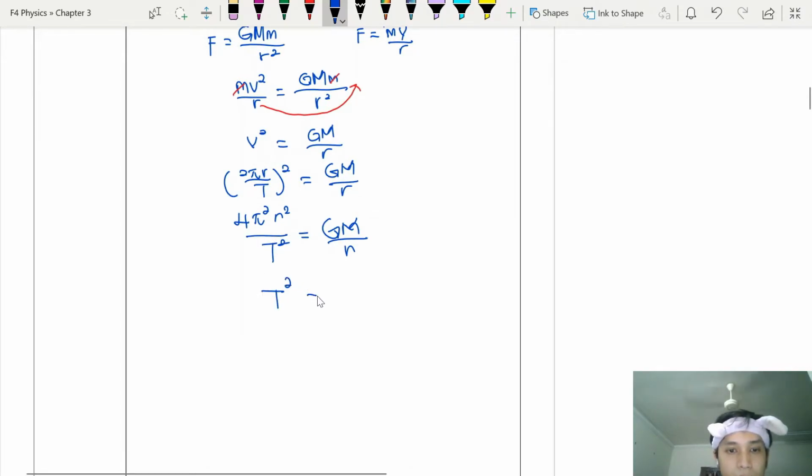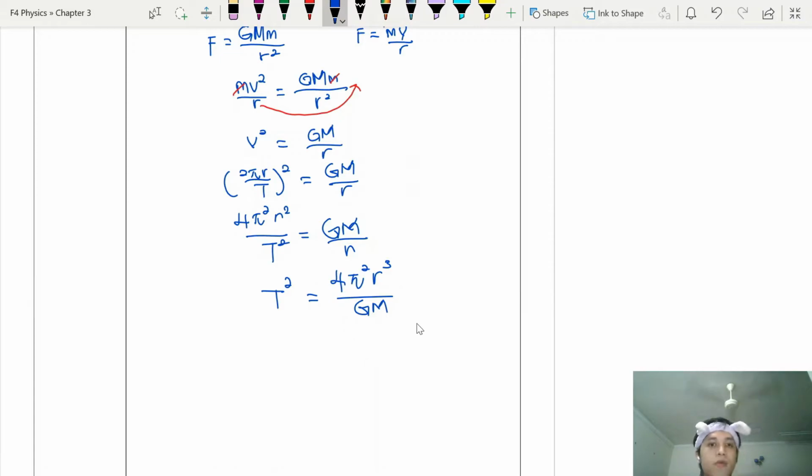So in other words, the period or orbital period is at this side, and this whole thing here, I'm going to shift to the other side. When I shift to the other side, it's going to become like this, because this whole thing is divided by this one.